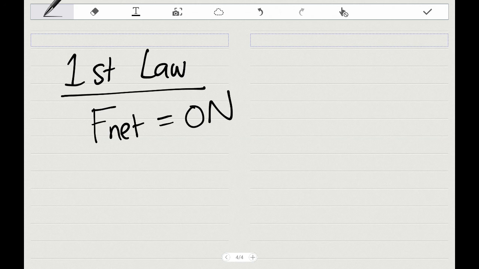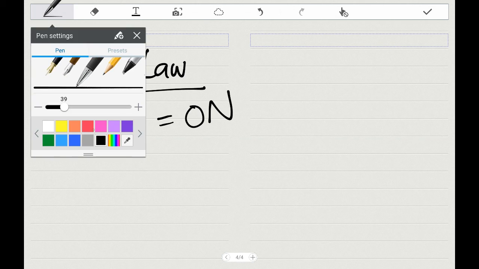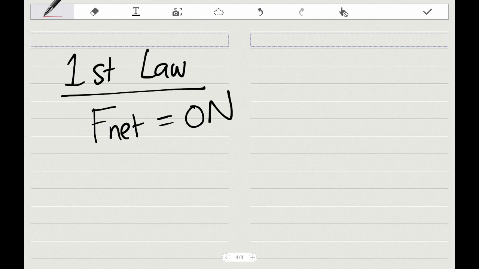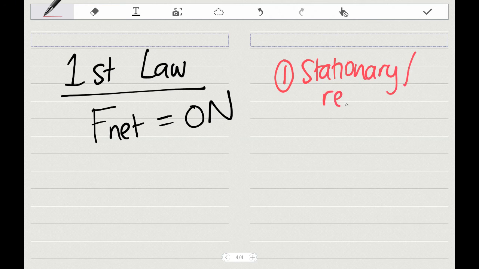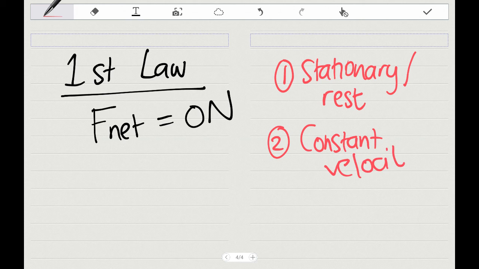Okay, and if you read these words in your question paper or in the test, you know the net force is 0: either if it is stationary, and stationary is the same as being at rest, or if it is moving at a constant velocity. Okay, so these two identify the cases where the net force is equal to 0. Please remember how to do these types of questions.